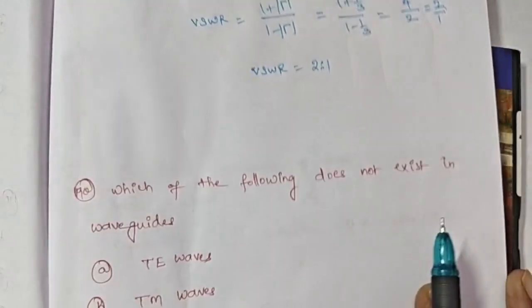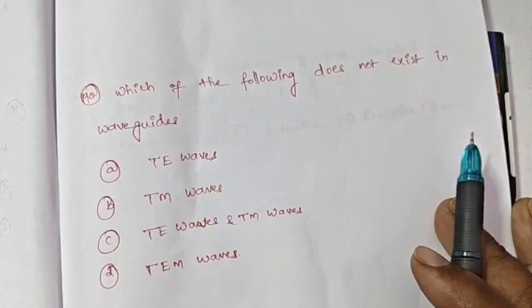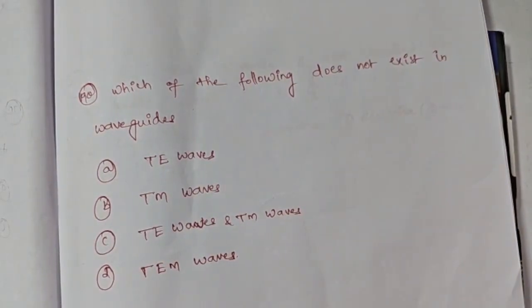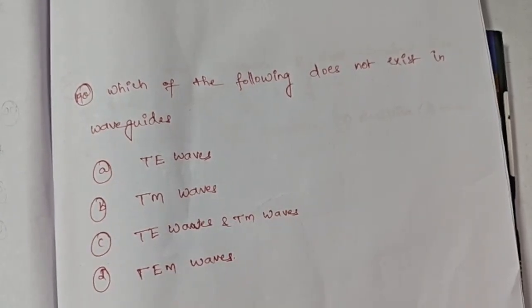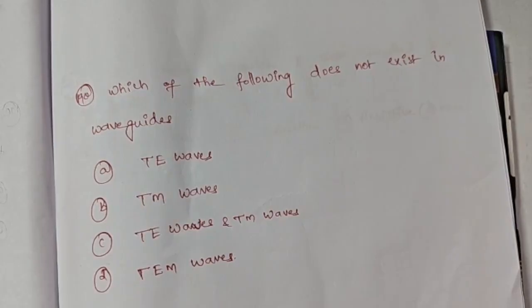Right? Now next, which of the following does not exist in a waveguide? What is given? The following field components does not exist in the rectangular waveguide. First option is TE wave, second option is TM wave, third option is TE and TM wave, and fourth option is TEM wave. So normally in a rectangular waveguide, what are the field expressions in terms of wave propagation?